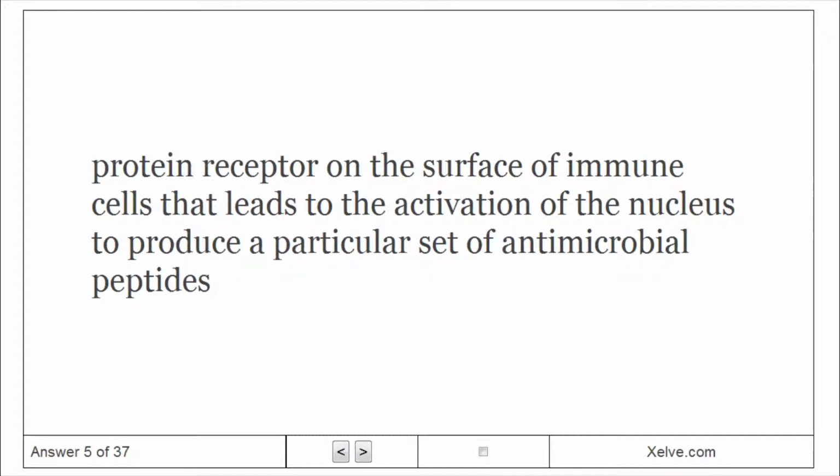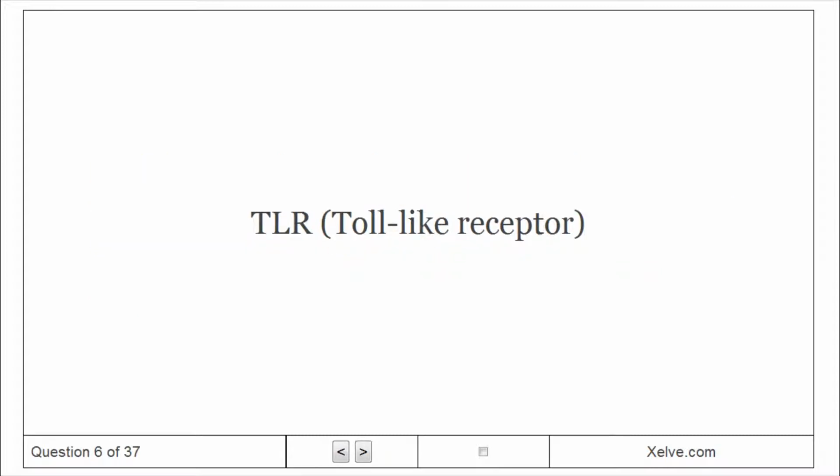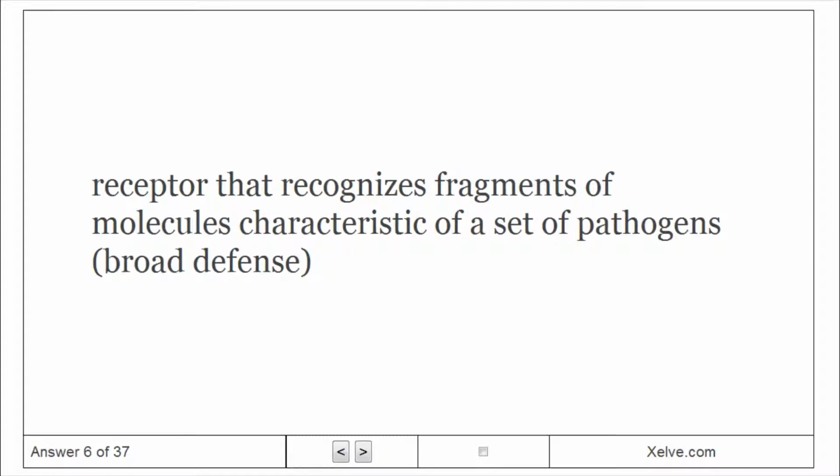Protein receptor on the surface of immune cells that leads to the activation of the nucleus to produce a particular set of antimicrobial peptides. TLR. Receptor that recognizes fragments of molecules characteristic of a set of pathogens.